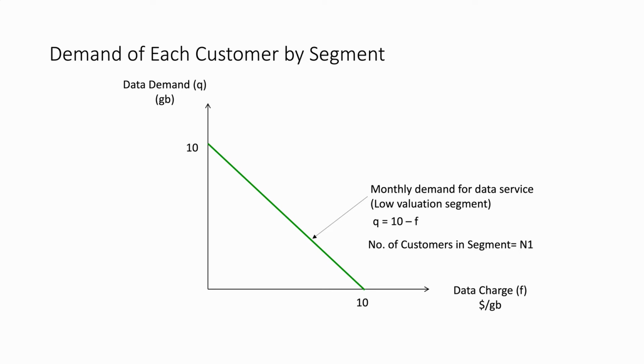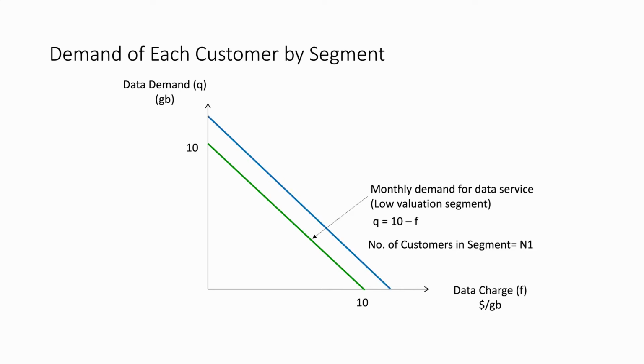The quantity, small q, is equal to 10 minus the variable fee, small f. What this says is when you charge 0 variable fee, then small q equals 10 minus 0, which is 10. So when you don't charge usage, this segment of consumers would use 10 gigabytes of data per month. And the number of customers in this segment is N1.